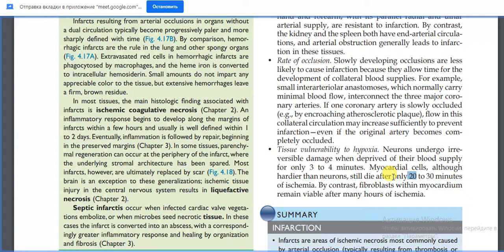And that's why if we remove the clot from the heart, the irreversibly changed myocardial cells will be decreased in amount.